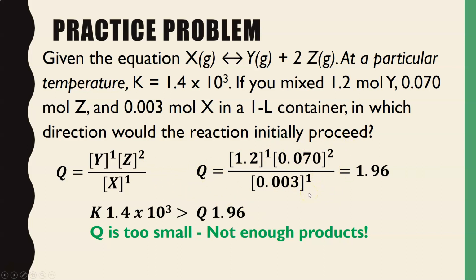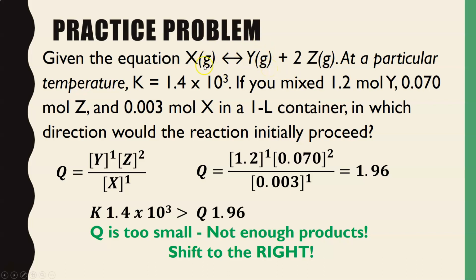So your reaction is going to proceed to the right. The forward direction is going to initially happen. You are going to start making these Y and Z compounds until you get back to equilibrium. And at that point, the rate going forward and the rate going backwards will be equal.